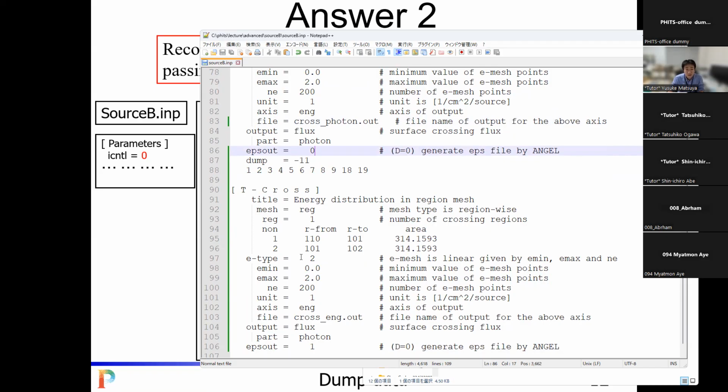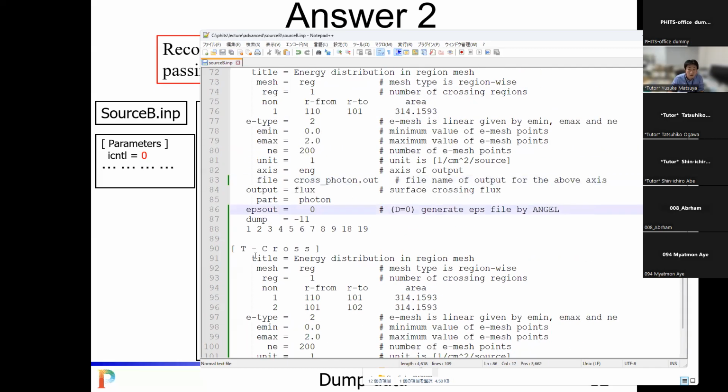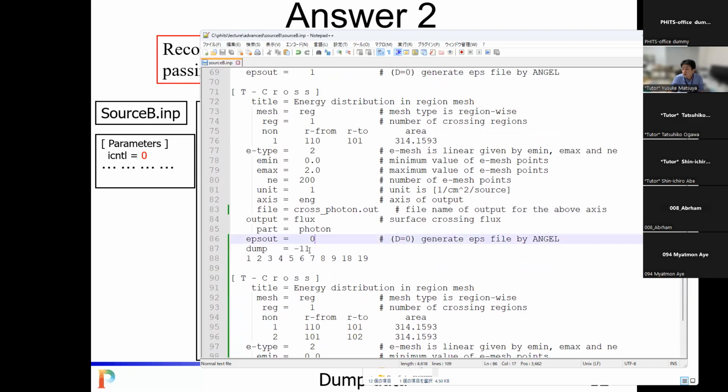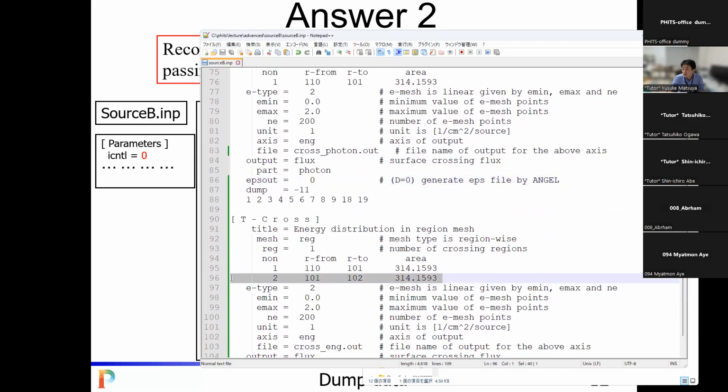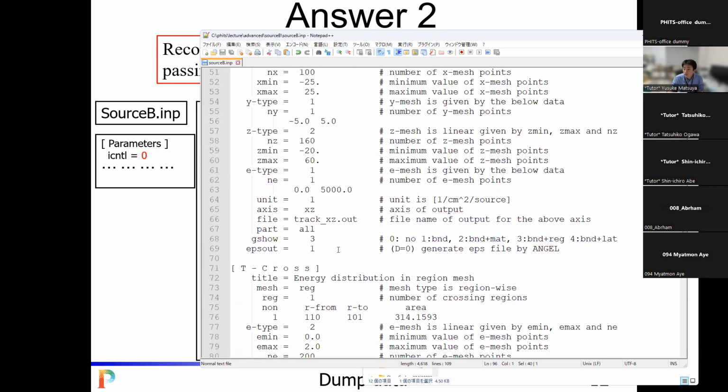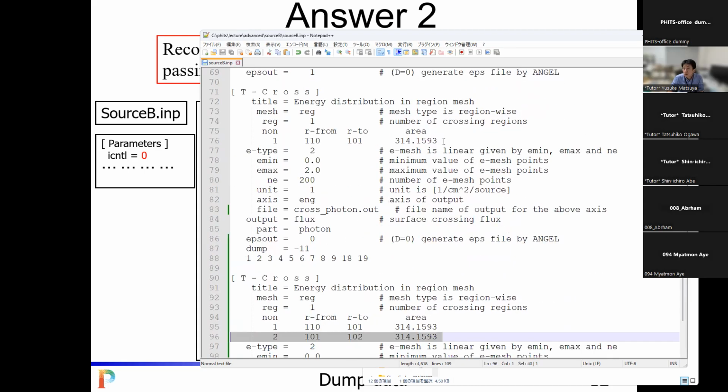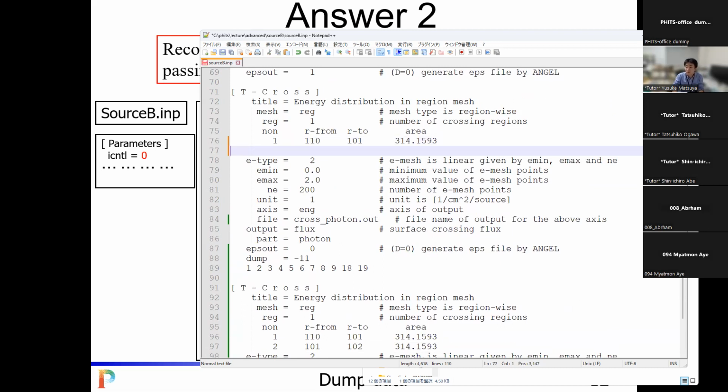In the second T-cross study, please add one condition. I made a mistake. I modified this here as the fourth step, and in the fourth step we have to modify this.